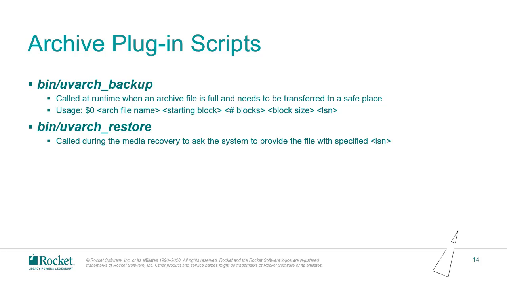In your case, you can copy this file to a network drive or transfer the file in a secure way to another place. The second script is used to retrieve the archive file back, in case we are running media recovery.